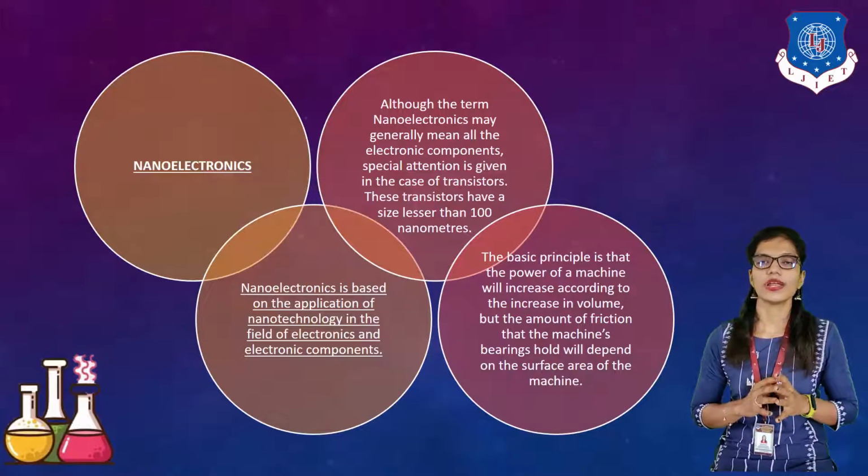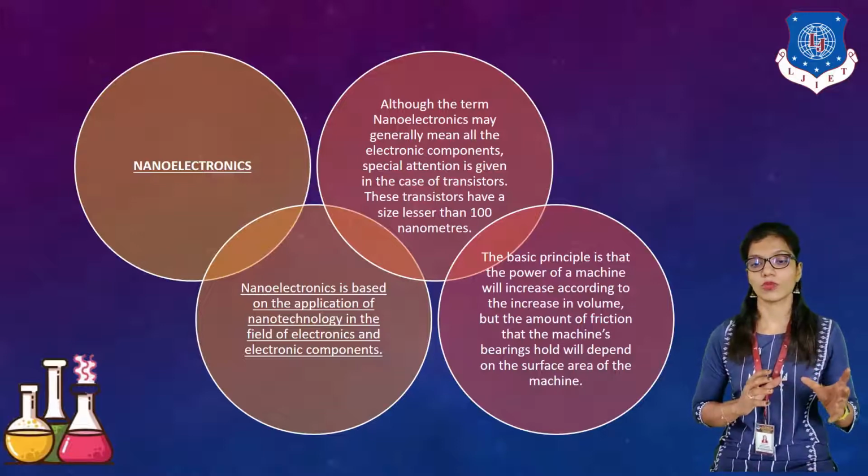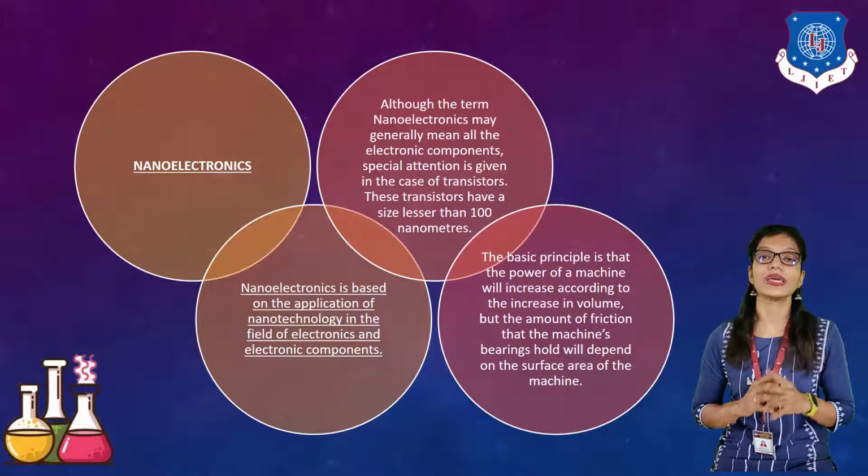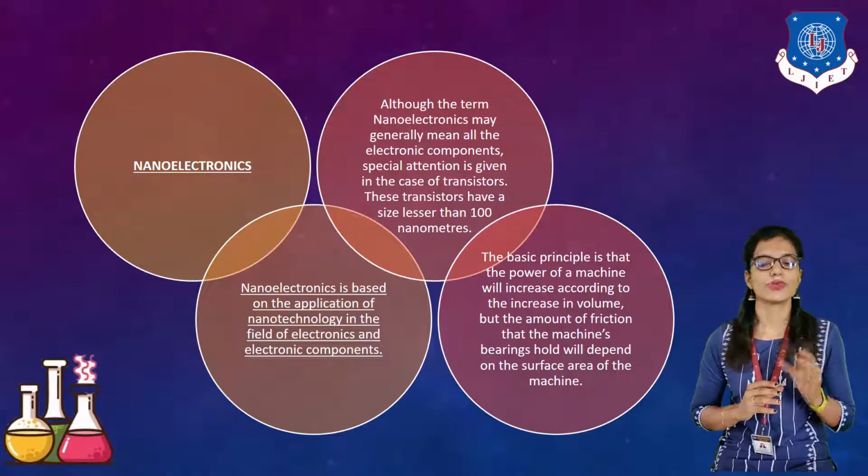Nanoelectronics is based on the application of nanotechnology in the field of electronics and electronic components. Although the term may generally mean all electronic components, special attention is given to transistors. These transistors are less than 100 nanometers in size.